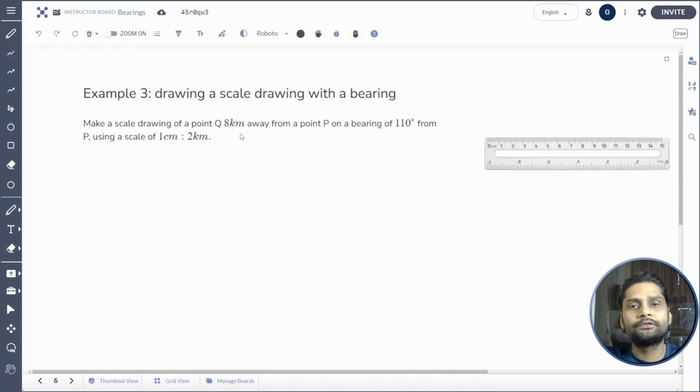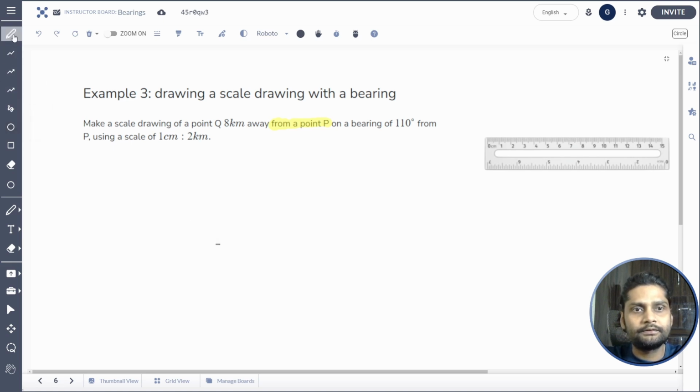The first thing we need to do is to consider the reference point. The question says make a scale drawing of a point Q 8 km away from a point P. As I explained earlier, most often we have the preposition from just before the reference point. So right now we simply have to consider a reference point, let's say somewhere here.